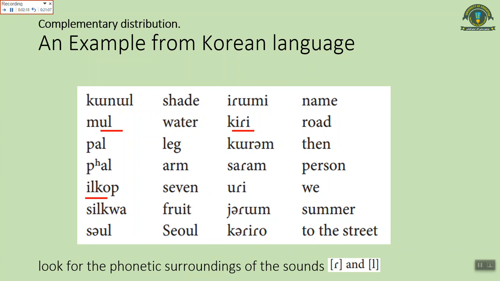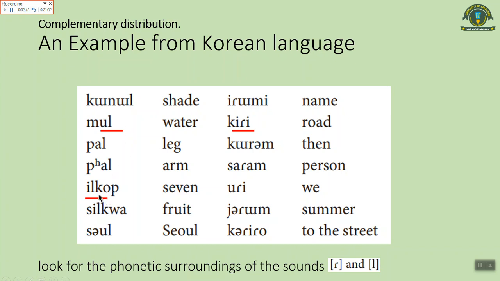So now here we are going to explain it. Now carefully look at these two. This l symbol is occurring either at the end of the word, see here in these first four words, and in this last word, this l sound is occurring at the end of the word.